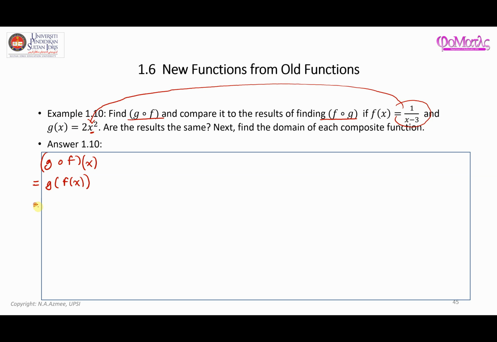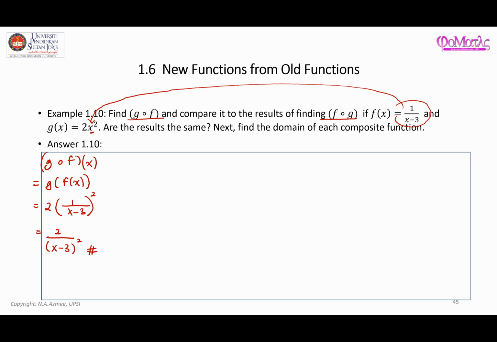Next, x will be replaced with this. So we have 1 over x minus 3, squared, and that can be simplified as 2 over x minus 3 squared.